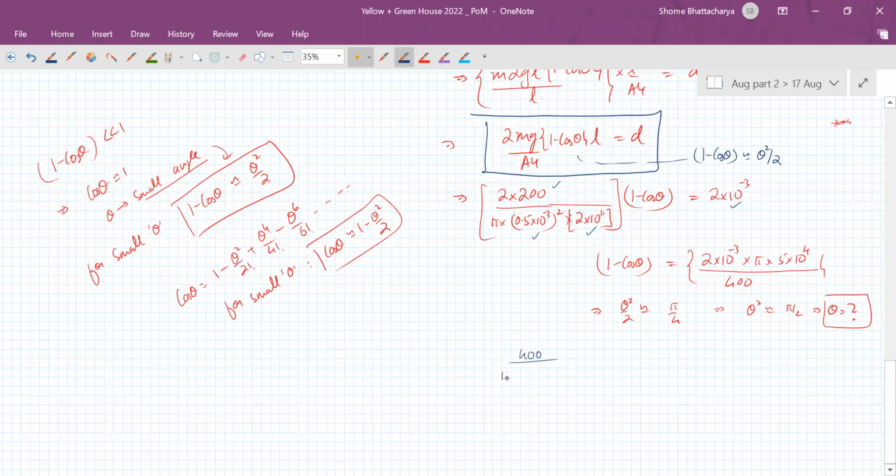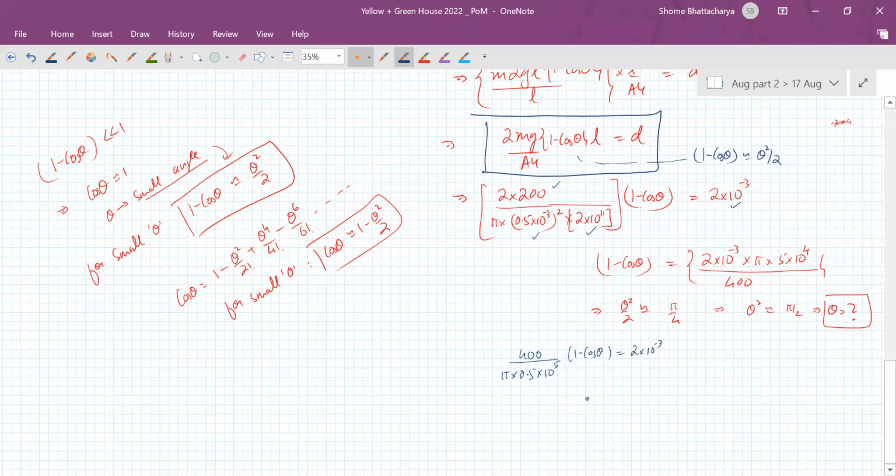400 upon pi into 0.25 into 2 will give me 0.5. Okay. So 0.5 into 10 raised power minus 6 plus 11, so that is 10 raised power 5 into 1 minus cos theta should be on the other side, 2 into 10 raised power minus 3.